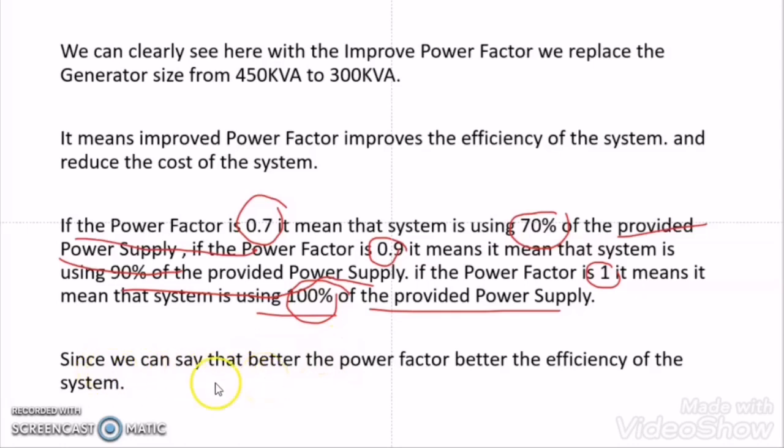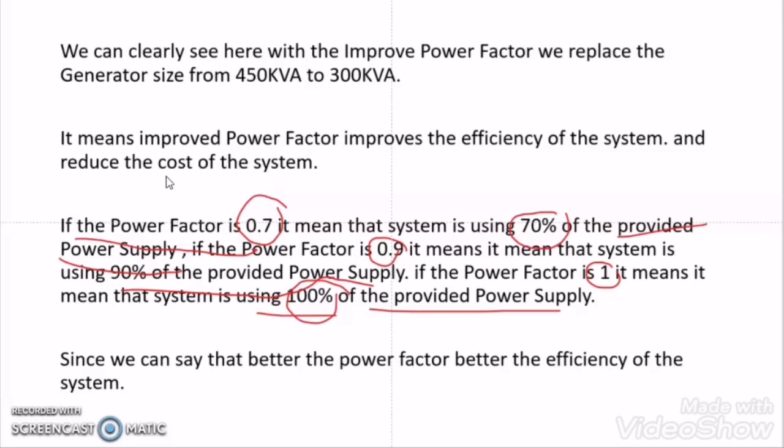From this discussion we can say that if the power factor is better, then the efficiency of the system is better. So, which element in the electrical installation improves the power factor?